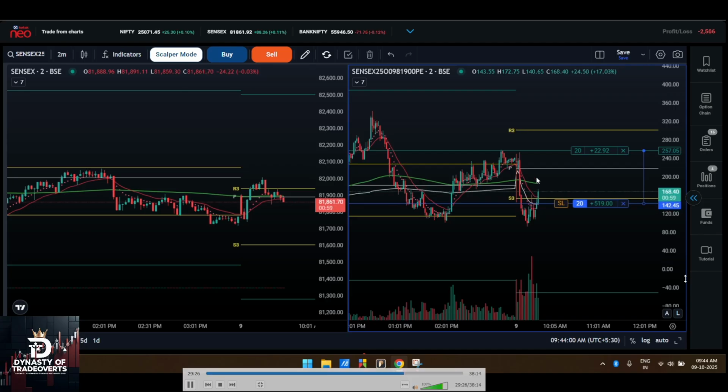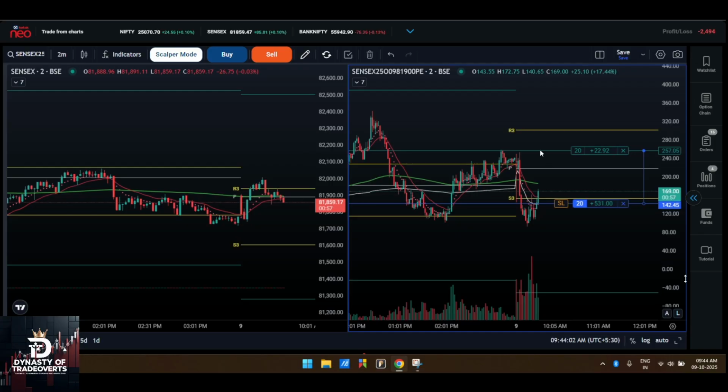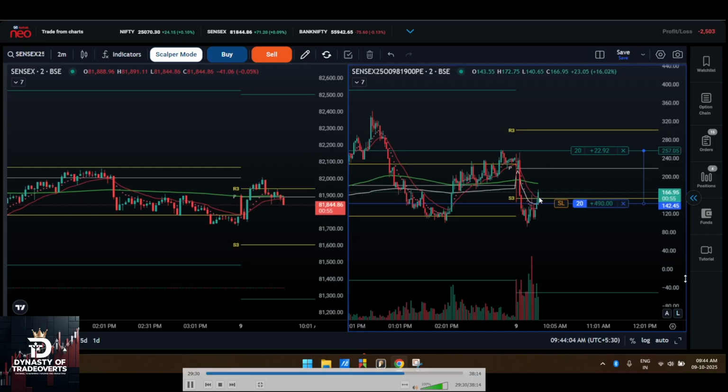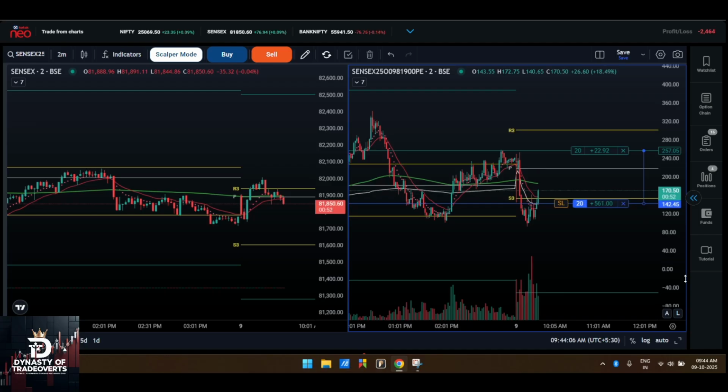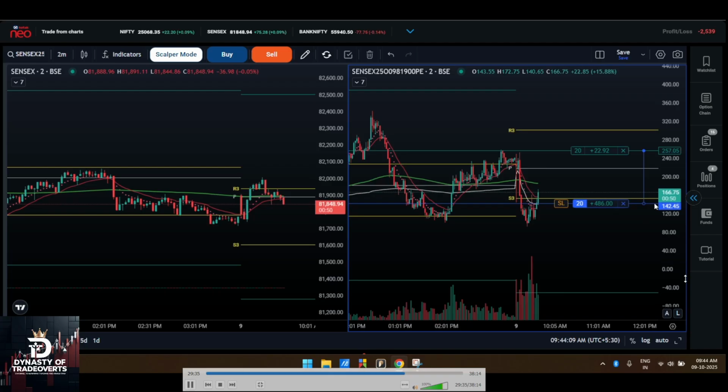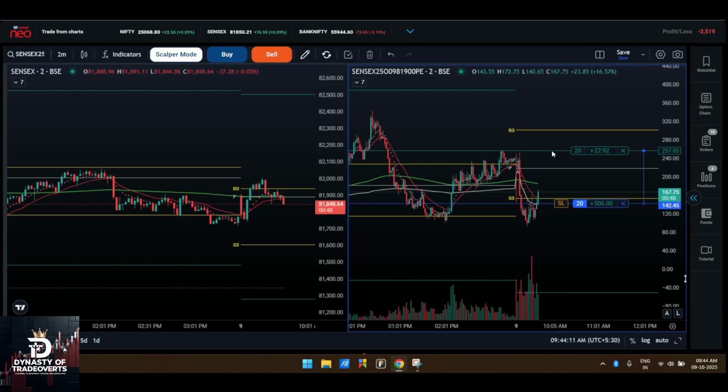But see, the target I am fixing for this. Of course, Sensex can easily move 100, 200 points at a time. Can easily double the premium. You will see that as well later. But we cannot hope for that. I was just simply hoping for that, a kind of gambling mentality.